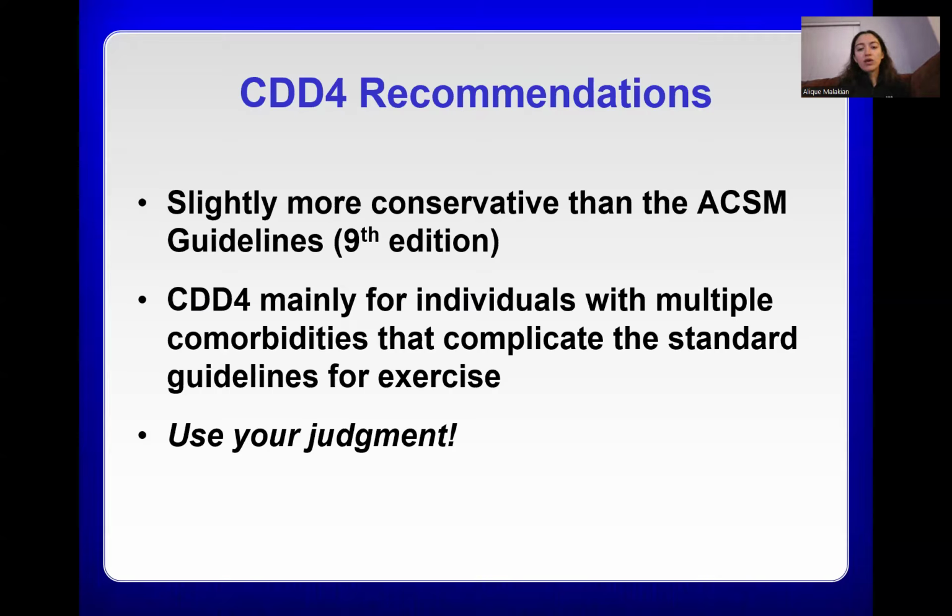It's a slightly more conservative version than the ACSM guidelines from the ninth edition. ACSM has been developing guidelines for a general population, similar to what we talked about in chapter 1. But CDD4 wanted to mainly focus on individuals who have multiple comorbidities that complicate the standard guidelines for exercise.